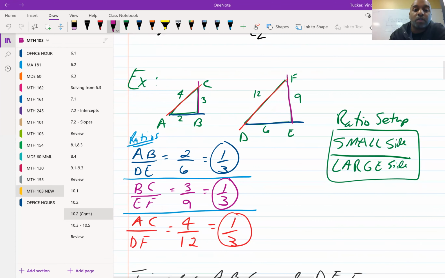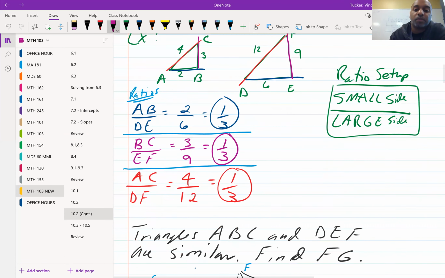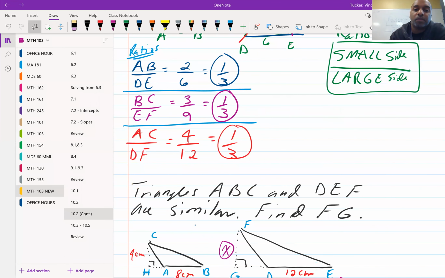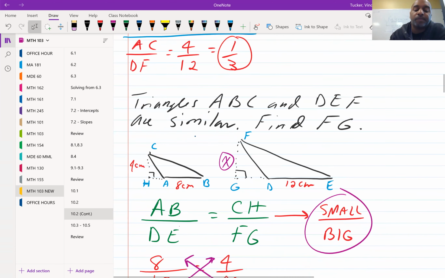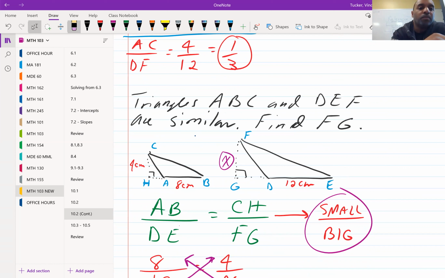All right, let's scroll up. All right, so we have triangles ABC and DEF are similar. Find FG. Just write that down.